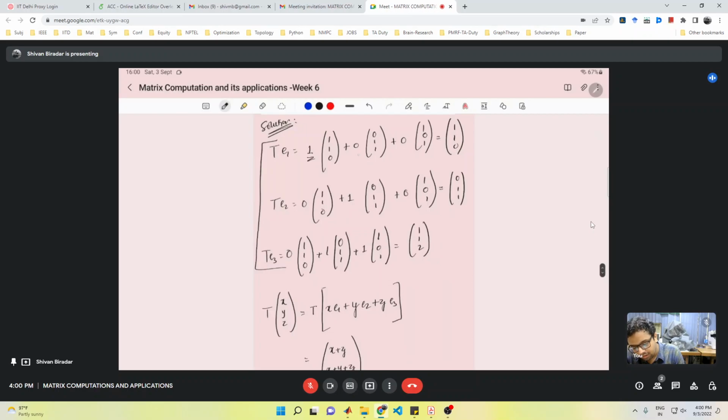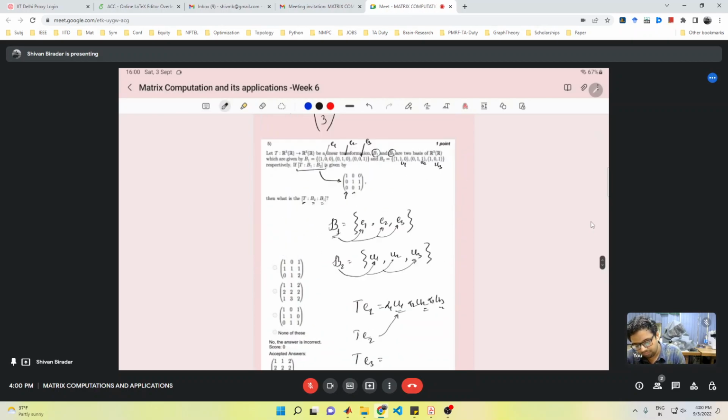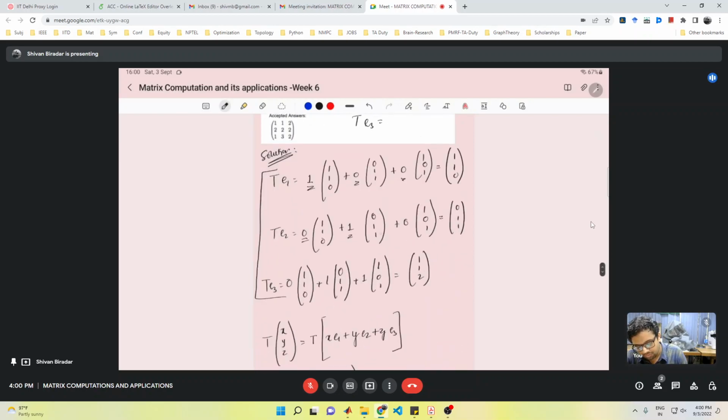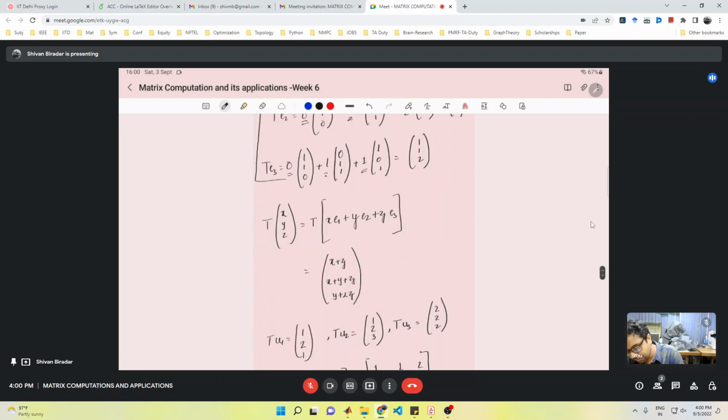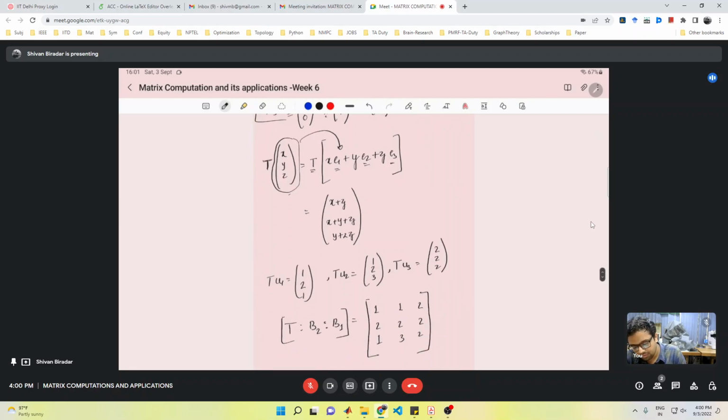So this comes from your coordinate matrix, from here. This comes from your coordinate matrix. Okay. So now let us consider an arbitrary vector x, y, z. We can write this x, y, z as a linear combination of the standard basis vectors. Then we will transform this and we'll get this vector.